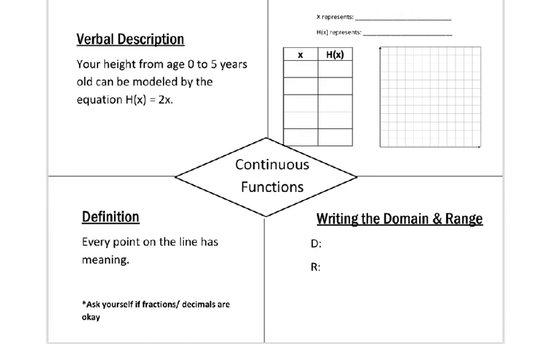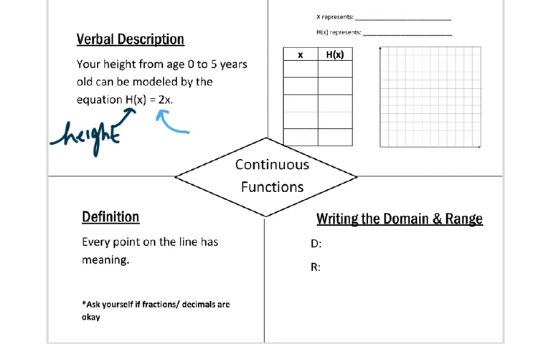Okay, so on the back it says, your height from age 0 to 5 years old can be modeled by this equation. So if we said before, h of x, that means that h is my height. So my total height is 2 times x.